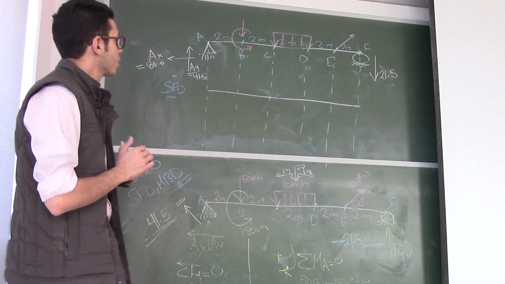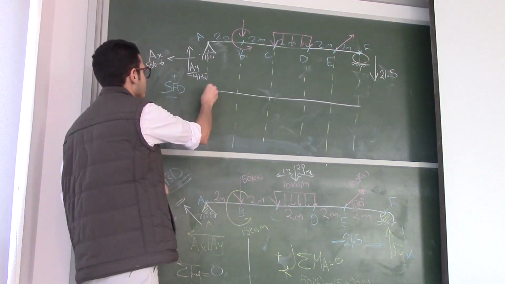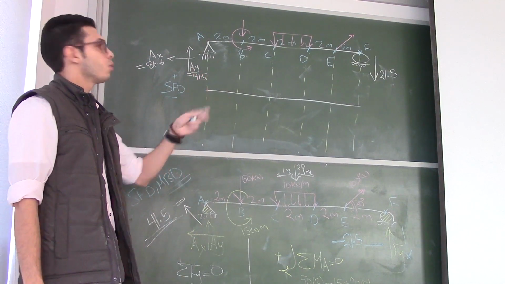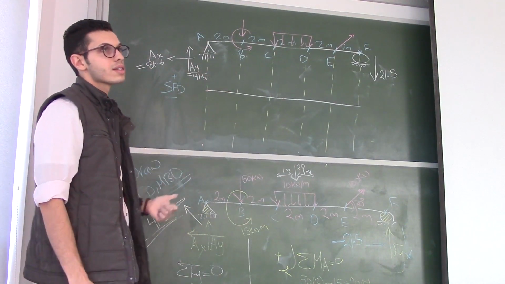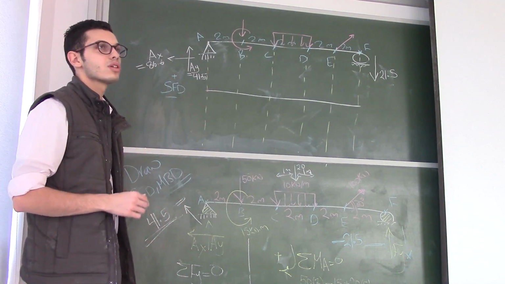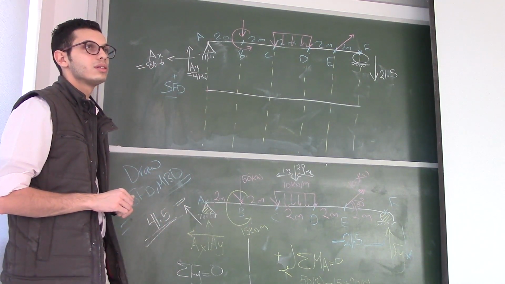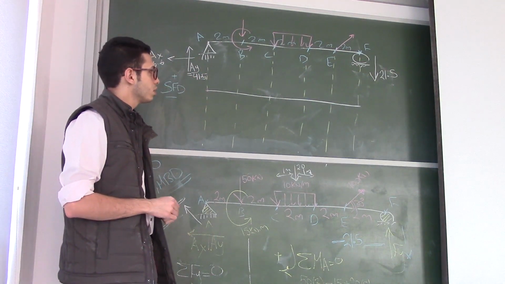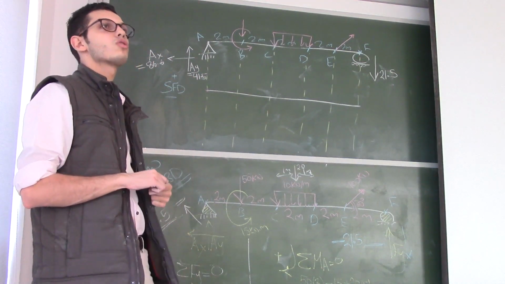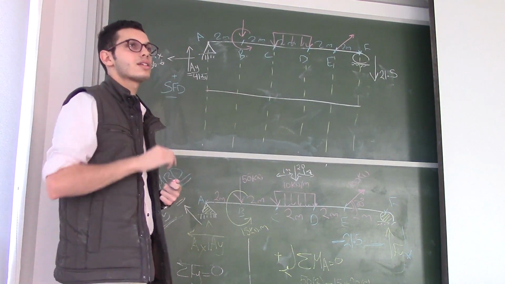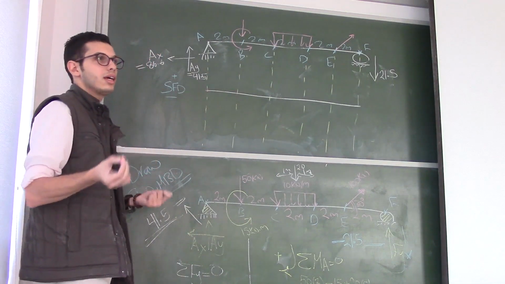Now, let's start here from point A. At point A, there are two forces, right? One on the Y, one on the X. So, for the X force, is it the shear force? AX is 86.6. No, it's not a shear force, because the shear force is the force perpendicular to the X axis. AY is, but not AX.